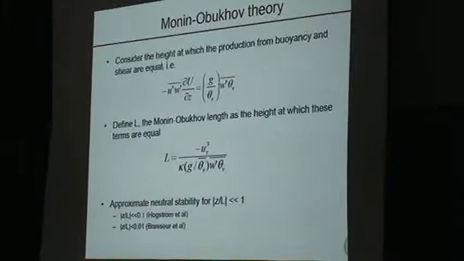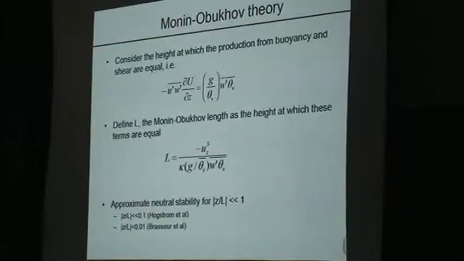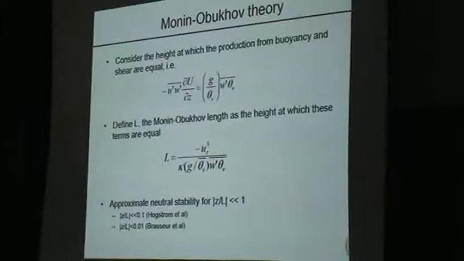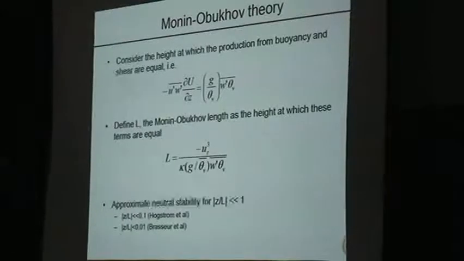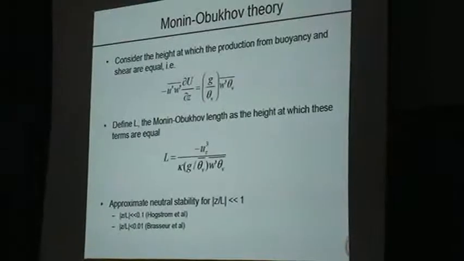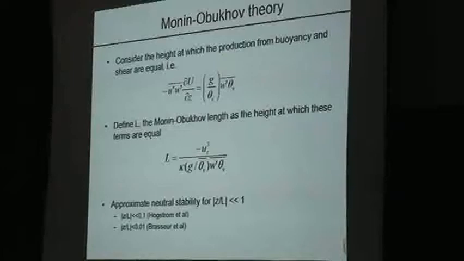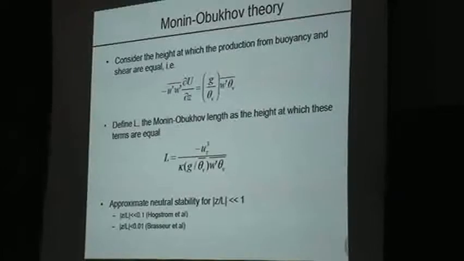So L, u tau, the friction velocity, you saw that before. Kappa is the von Karman constant in the log law. A hint, by the way, for the homework problem. And then here are the terms that were on the right-hand side. So the Monin-Obukhov length was interpreted as the height at which the mechanical shear and the buoyancy forces are equal.